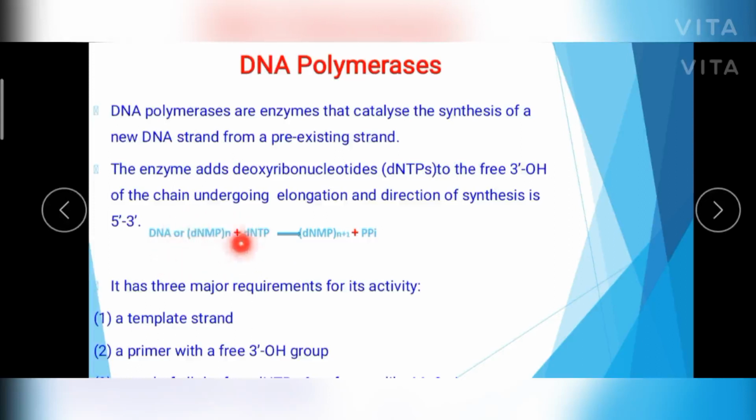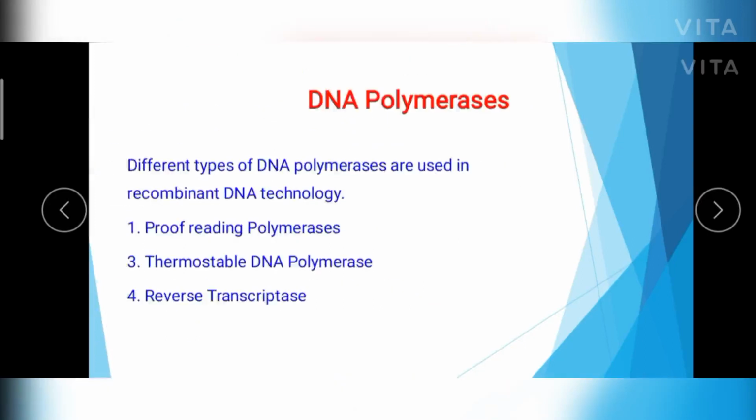The DNA is a polymer of these dNTPs. Each nucleotide is added by the removal of pyrophosphate. The major requirements for this polymerase activity include a template strand, a primer, and the building blocks, that is deoxyribonucleotide triphosphates. The 4 nitrogen bases you will be requiring.